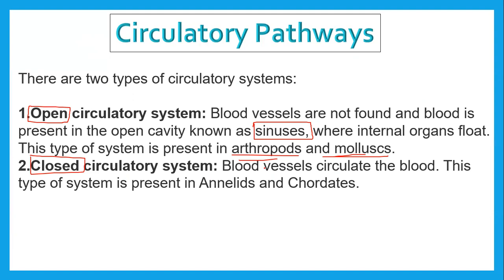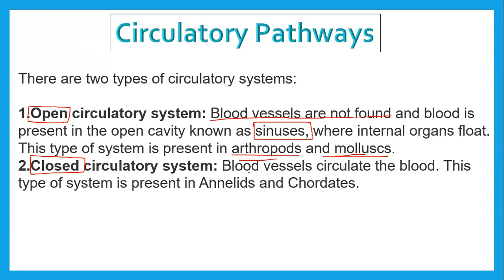But in the lower groups of organisms such as arthropods and mollusks, you will see that their internal organs are found floating inside the blood, because the blood from the heart is directly pumped into the body itself, since blood vessels are not found.